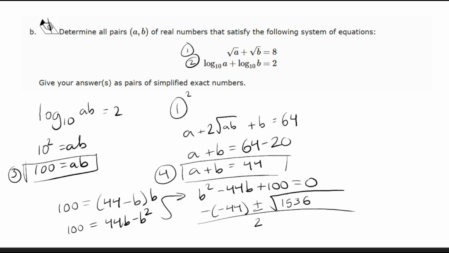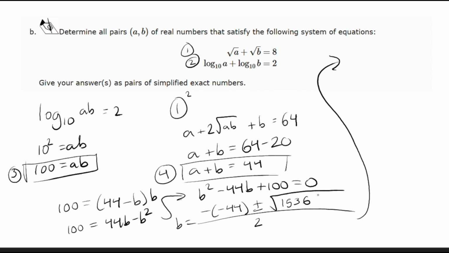And keep moving here. 1536 is 512 times 3. You would find that out by realizing that this number is actually a multiple of 3, because its numbers add up to a multiple of 3. Its numbers add up to 15. So 15 is a multiple of 3. So you can divide this by 3, and then when you divide it by 3, you get 512.